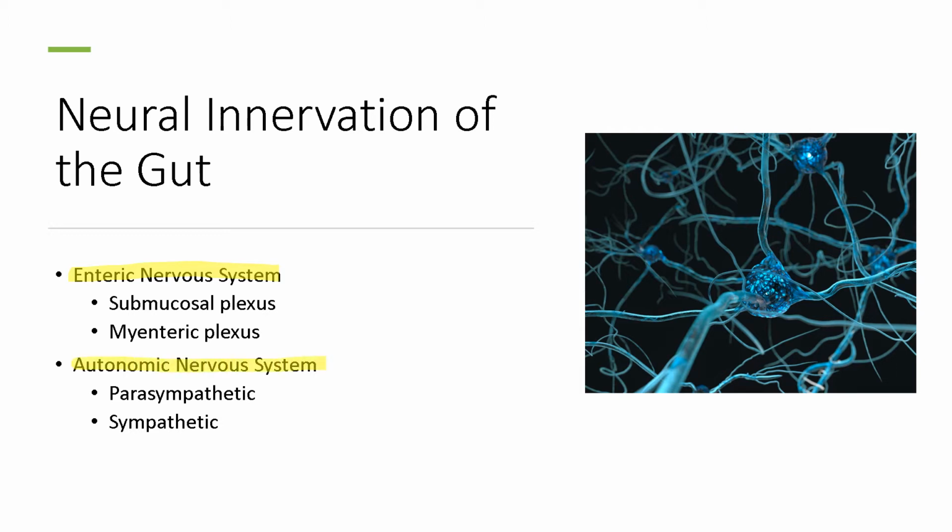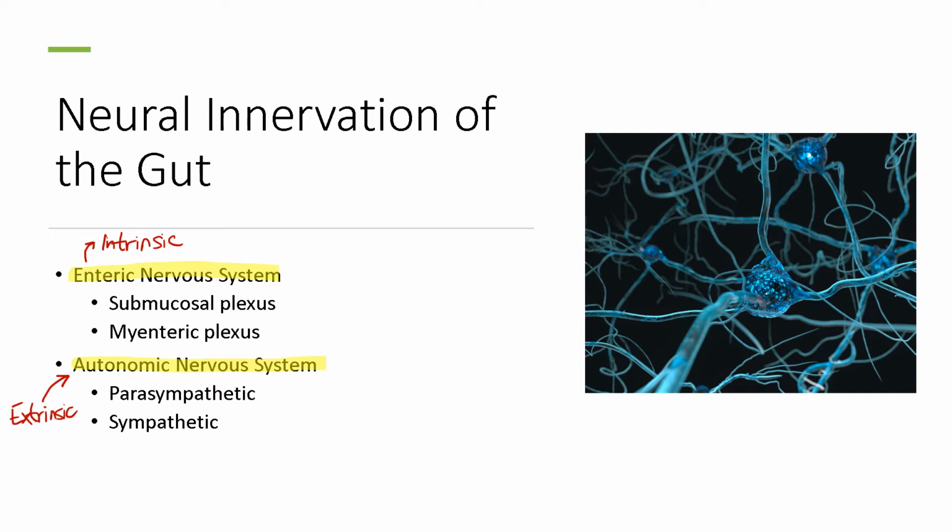So this is going to be intrinsic or inside, and this is extrinsic or originating from outside of the gut. So recall that the brain of the gut is the enteric nervous system, and this is going to extend along the entire GI tract.